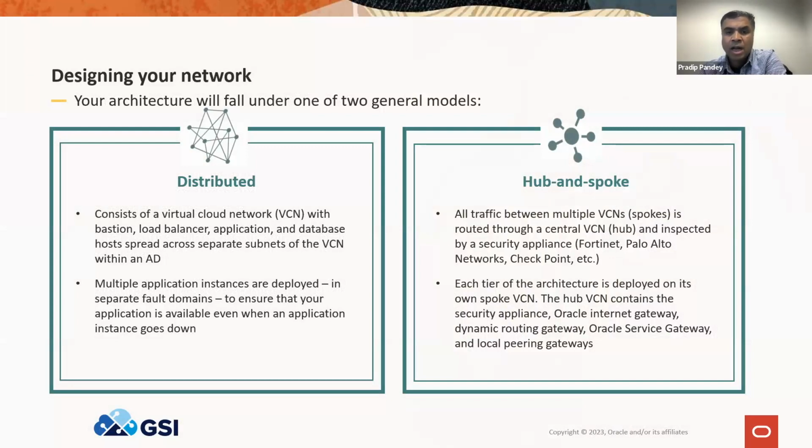In hub and spoke architecture, all traffic between multiple virtual cloud network spokes is routed through a central virtual cloud network hub and inspected by a security appliance like Fortinet, Palo Alto Networks, and Checkpoint, etc. Each tier of the architecture is deployed on its own spoke VCN. The hub VCN contains the security appliance, Internet Gateway, Dynamic Routing Gateway, Service Gateway, and local peering gateways to support the connectivity. Next.